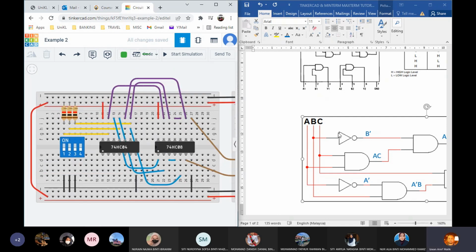Okay, we look into the first one. This NOT gate is B bar. So saya dah tarik sini ya. B masuk ke input 5. Okay, so output 5 ni adalah B bar. So dah ada dekat sini. And then A dengan C. So I place 1A input.